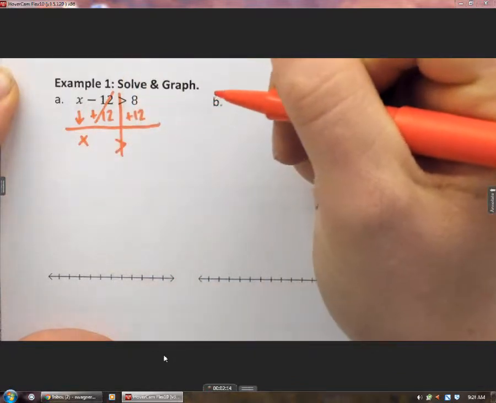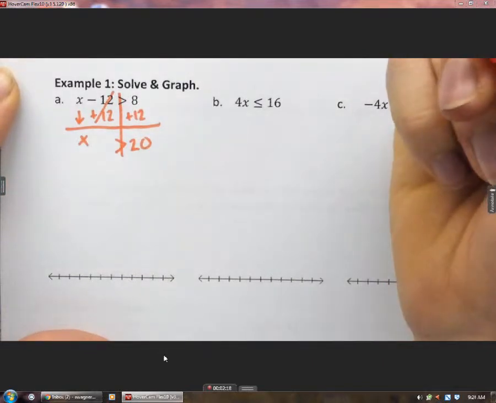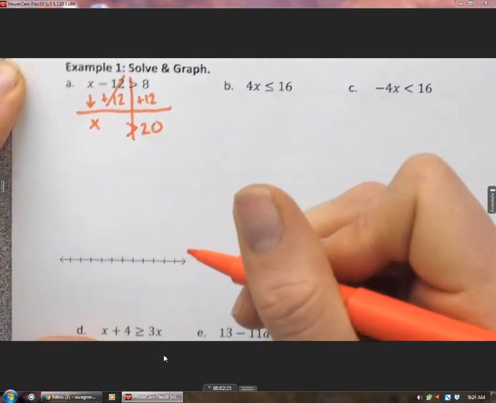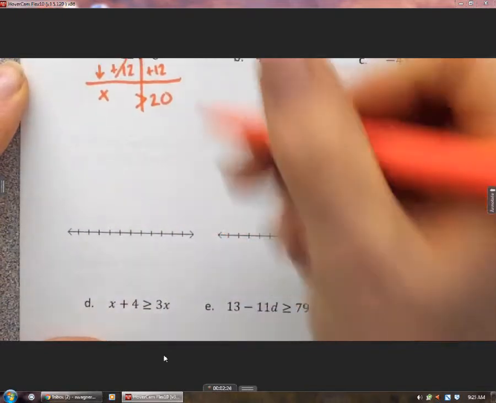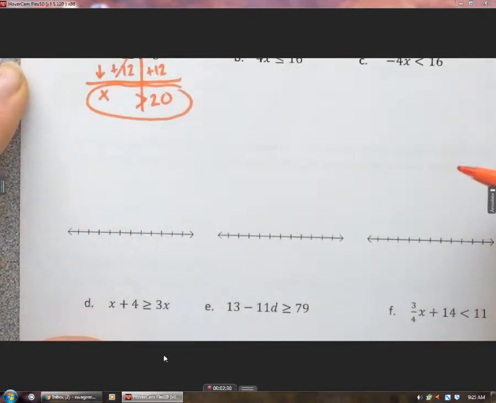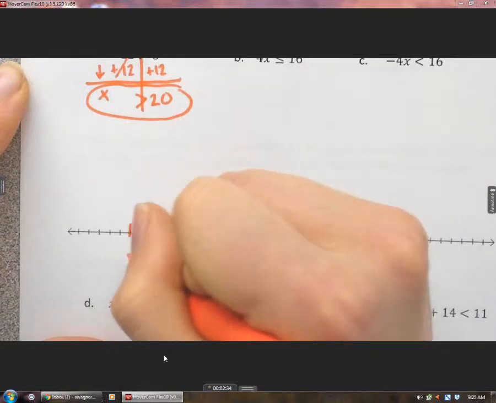Yep, 8 plus 12? 20. So that's my answer, but it's not good enough just to leave it like that. We got to graph it, because I want you to see something. Let's just pick a spot on here and call it 20.